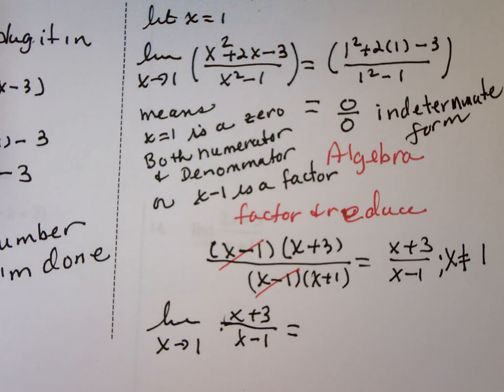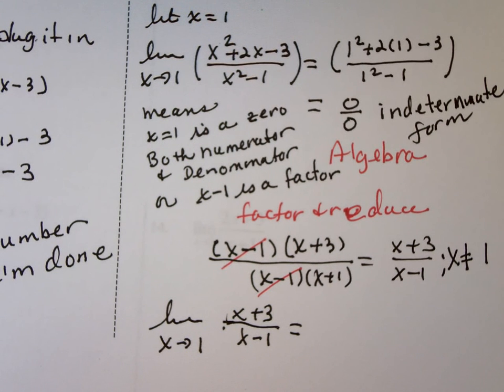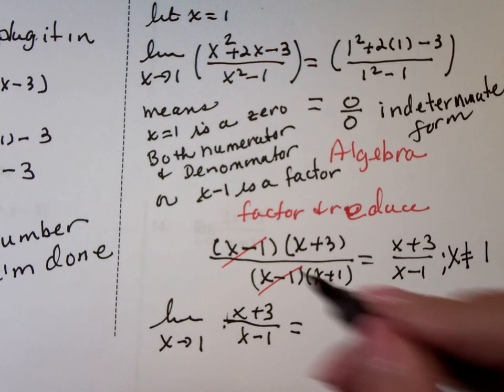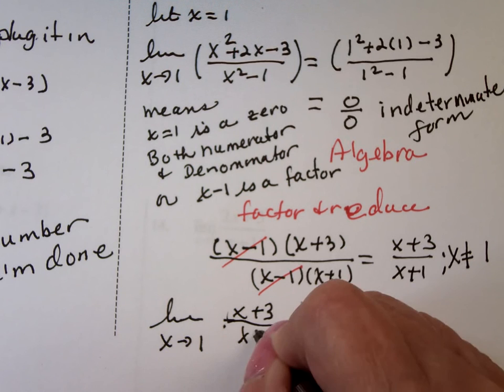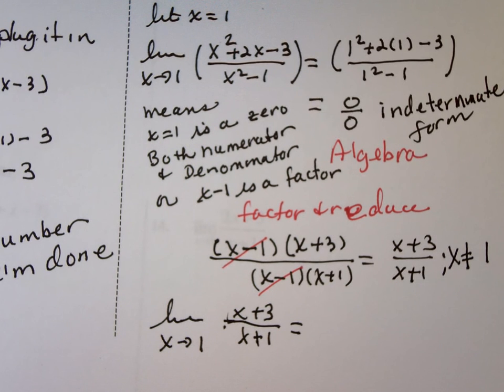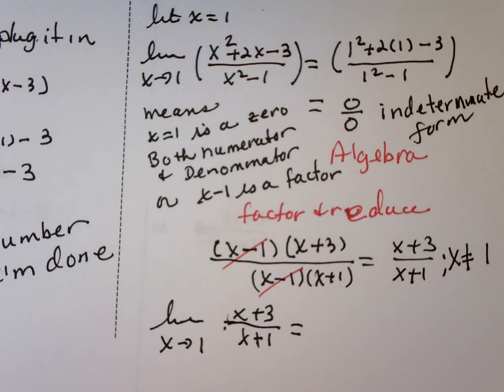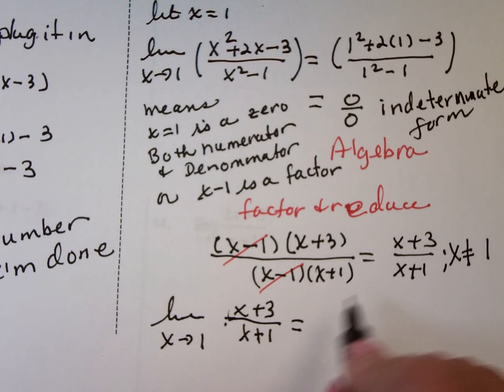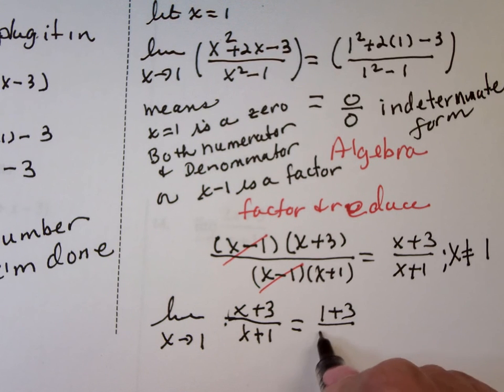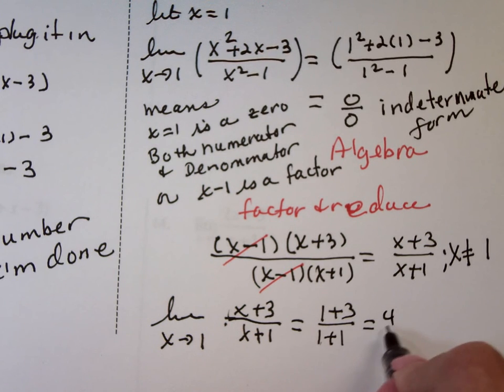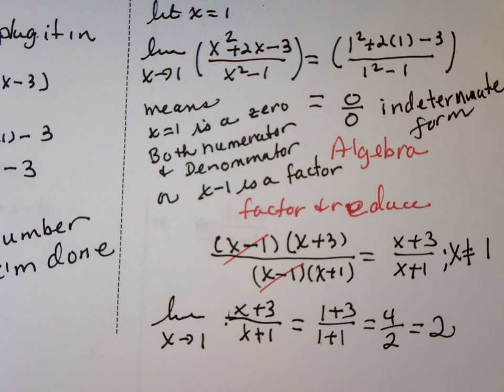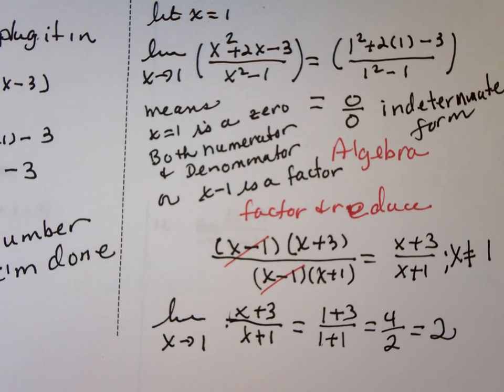Why is it x minus 1 and not x plus 1? Oh, it should be x plus 1, thank you. Otherwise I'm in trouble, right? Because I'd have 1 and I'd be back where I started. So what is it? It's 1 plus 3 over 1 plus 1, which is 4 over 2, or 2. It's the y value at the hole. I took the problem out, so I didn't have a division by 0 anymore.